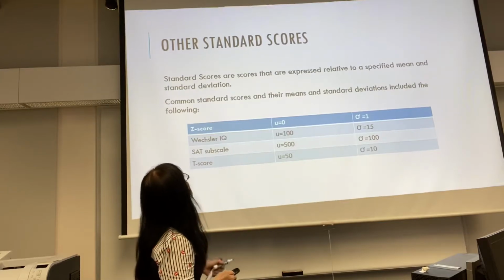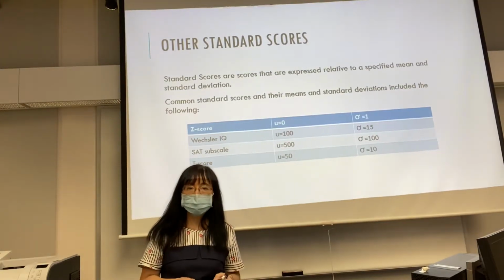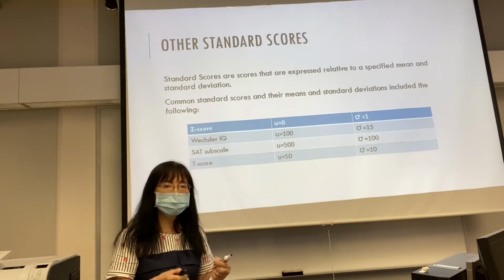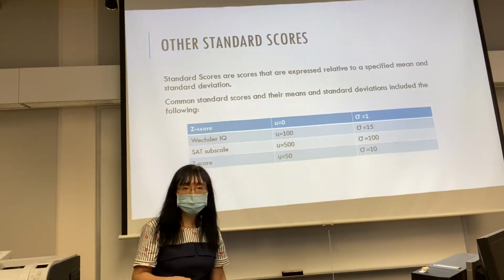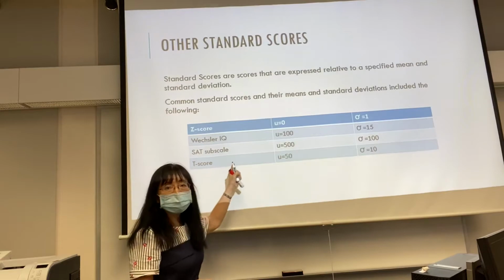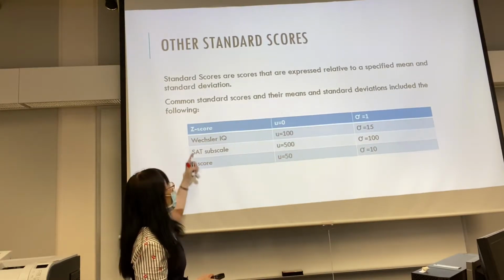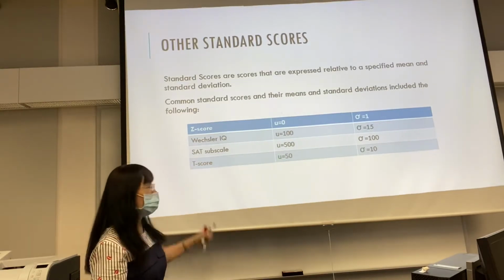Okay. Now, when you are able to calculate the Z-score, your goal is to transfer it to another standardized score. The ones we use quite often are IQ, SAT, and T-score.